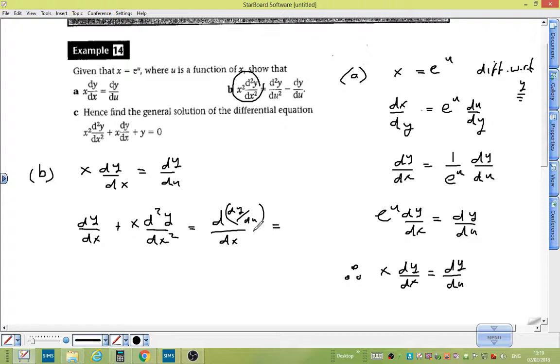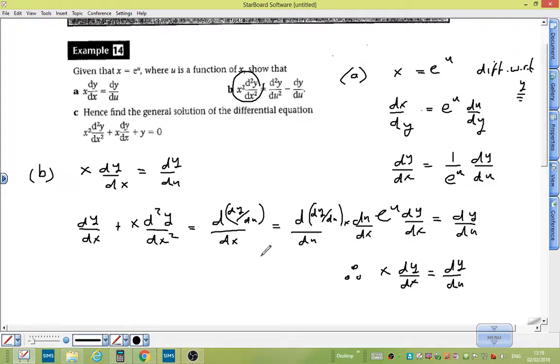We are actually going to choose to differentiate it by what we can differentiate it by, which is obviously u. So we're going to differentiate dy by du with respect to u. That doesn't make sense. So to undo that, we're then going to times it by du by dx.